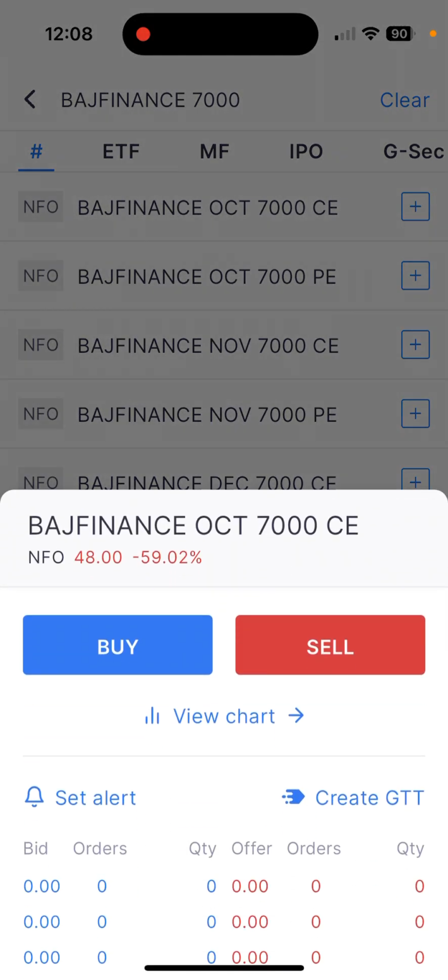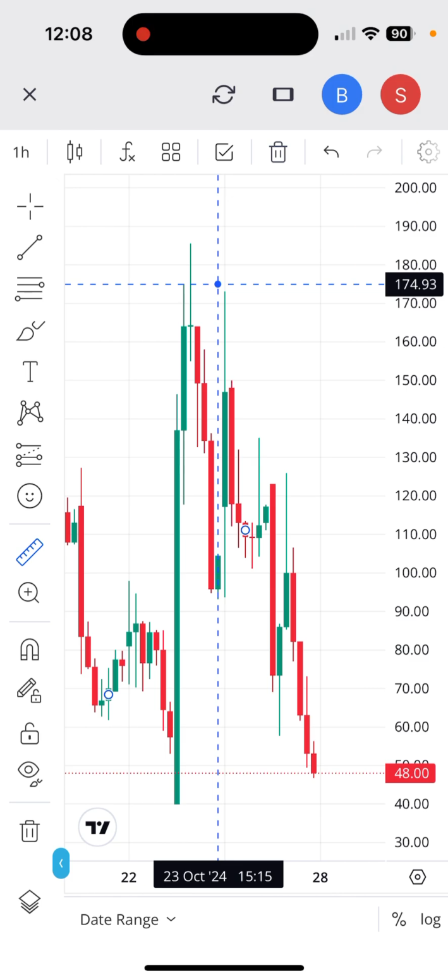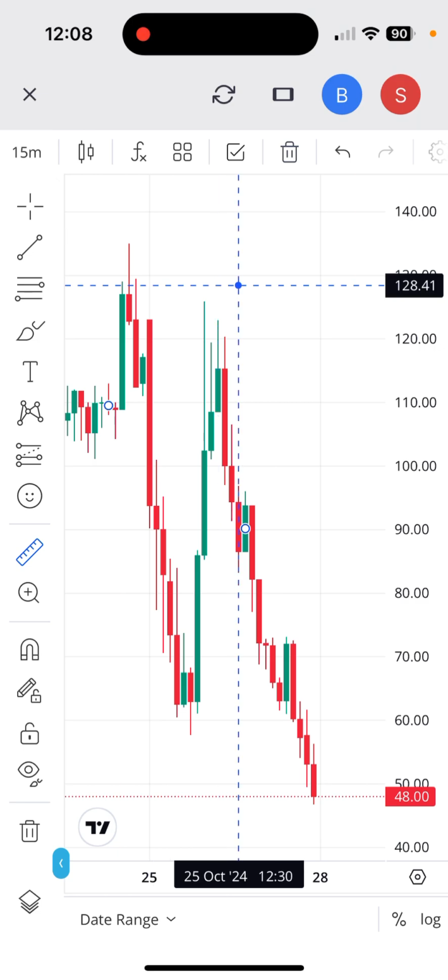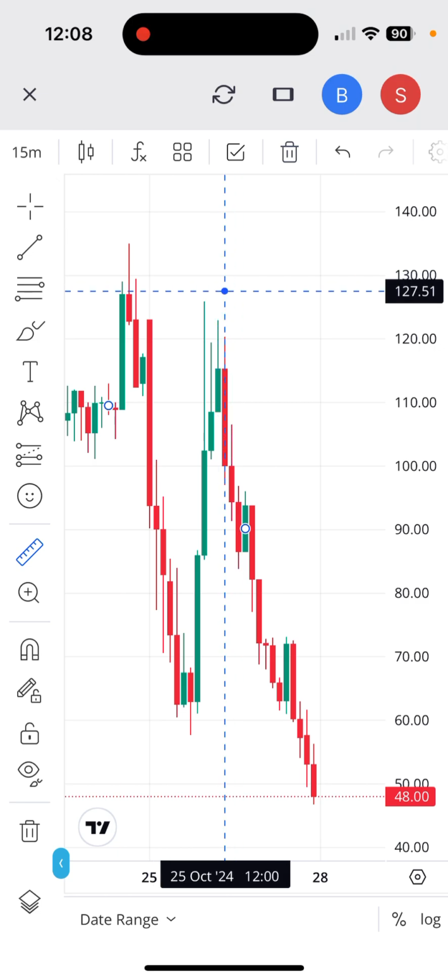The 7,000 call. It is showing us the spot as 48. And if I check this candle, this is the 7,000 call chart.